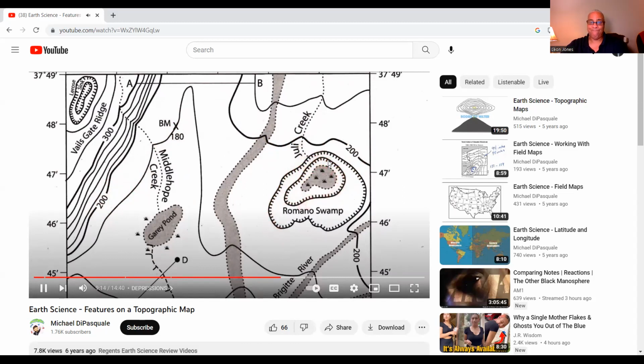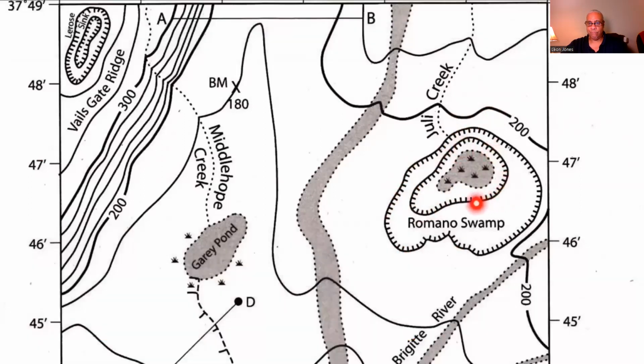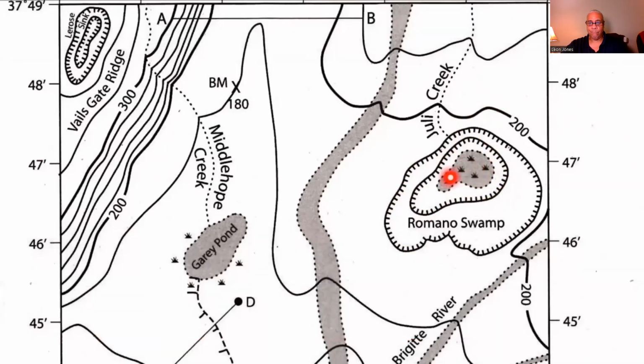So a really challenging question to ask about Romano Swamp is, what is the lowest possible elevation for Romano Swamp? And it's working in the opposite way than you're used to. So if I know that this outer line is 200 and this depression contour is equal to 180, I can't say that Romano Swamp is at 180 feet because it's within that series of circles.